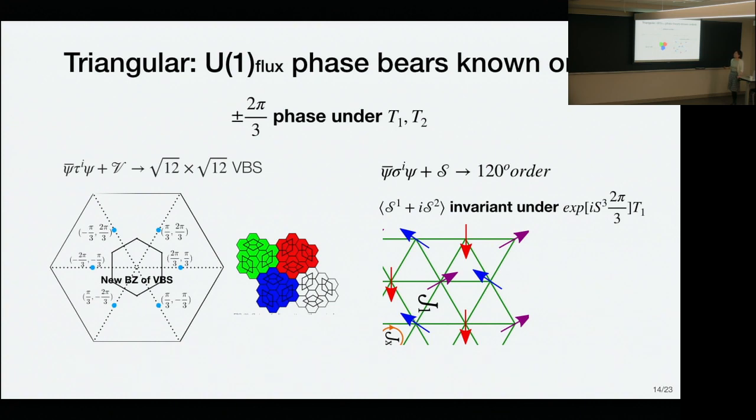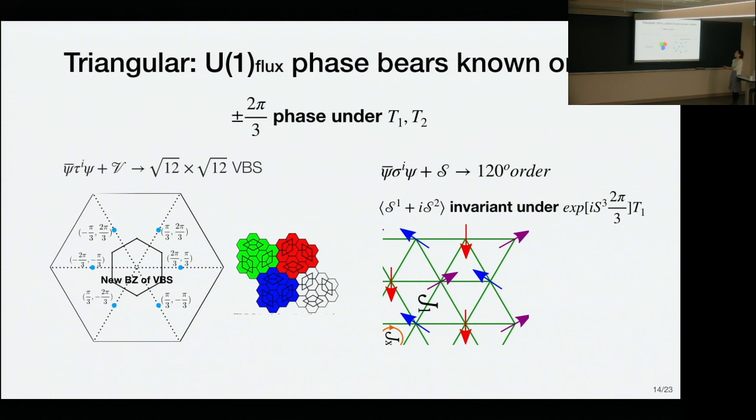In this case, a monopole will get generated. Say, along the direction where I equals 3, the monopole S1 plus iS2 will get condensed. And as we say, we're trying to fix the symmetry group obeyed by these order parameters. So this monopole stays invariant under a translation T1 in combination with a spin rotation along the third direction by 2 pi over 3, because under translation they acquire a phase factor of minus 2 pi over 3.